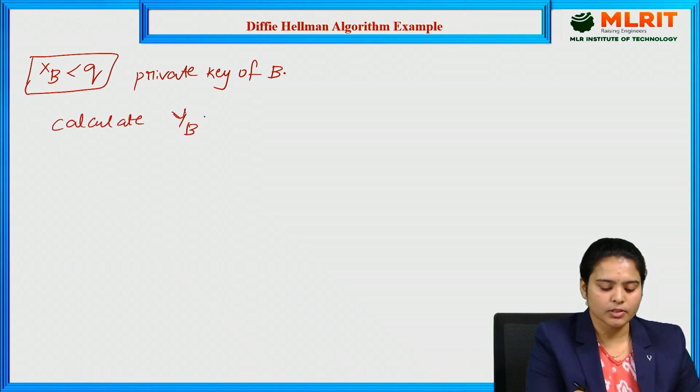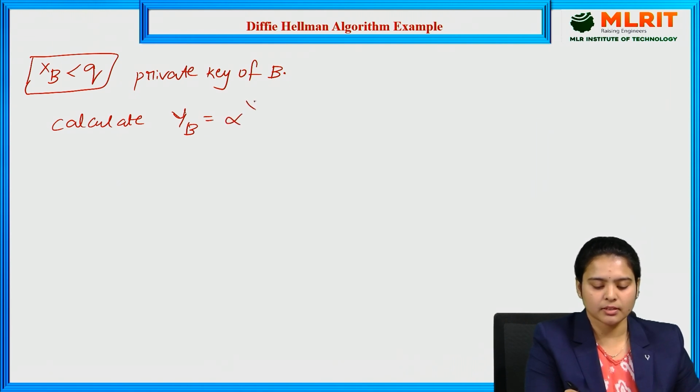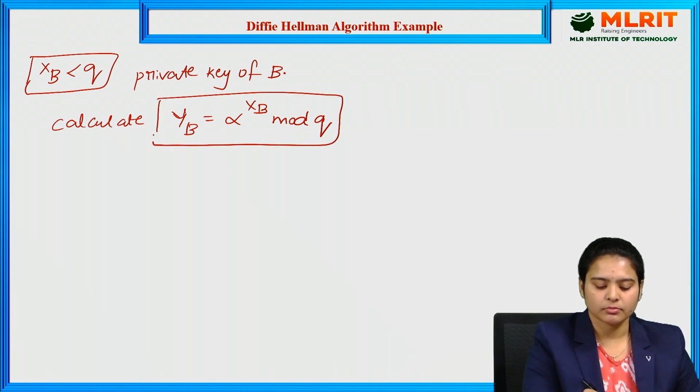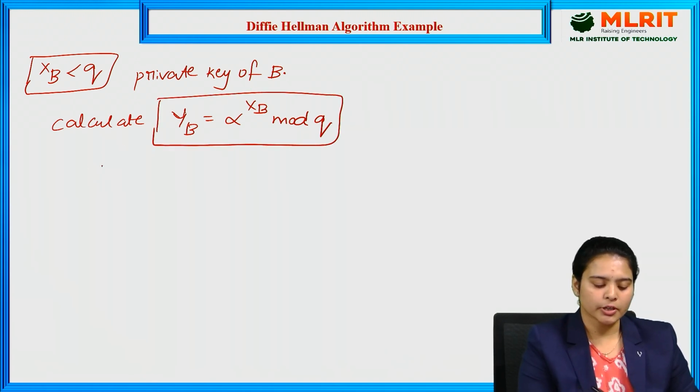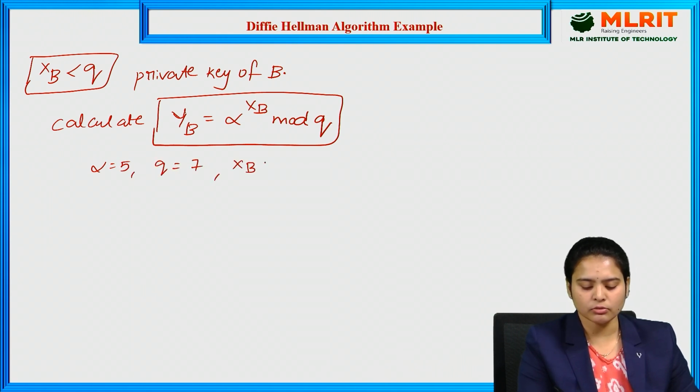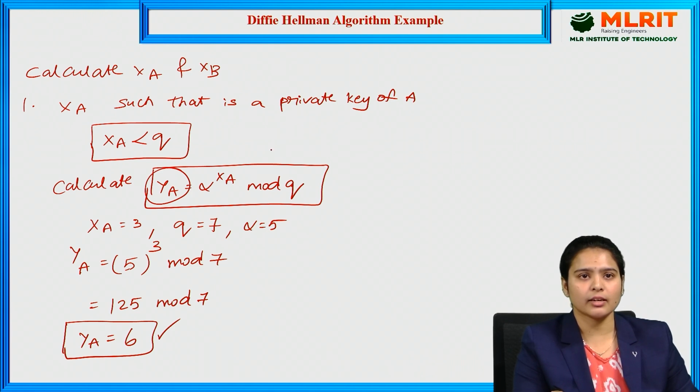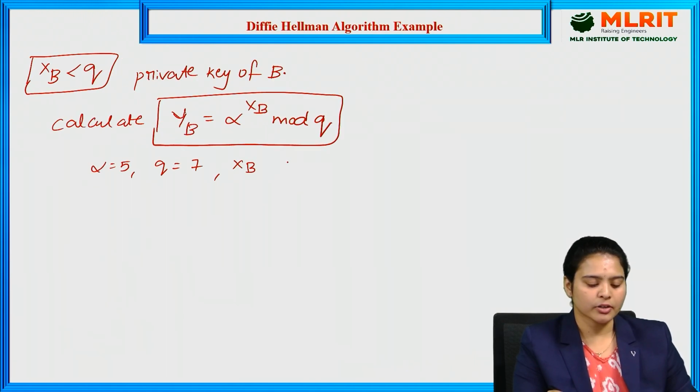YB equals alpha power XB mod q. We already know alpha equals 5 and q equals 7. What is the value of XB? We need to find out the XB value.